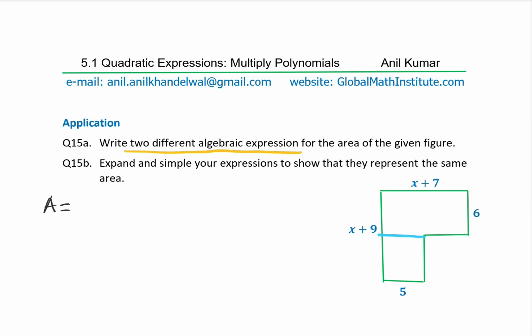So that is my first combination. So area will be x plus 7 times 6. So that becomes the area of, let me highlight this in a lighter color. Right. And then we'll add the other area, which is this area.